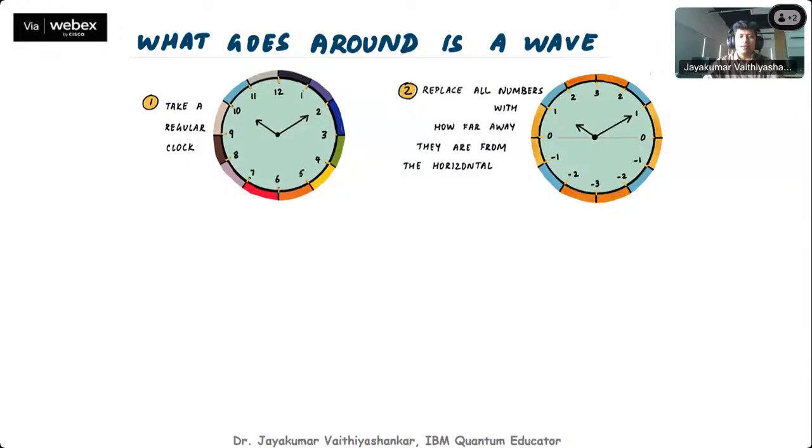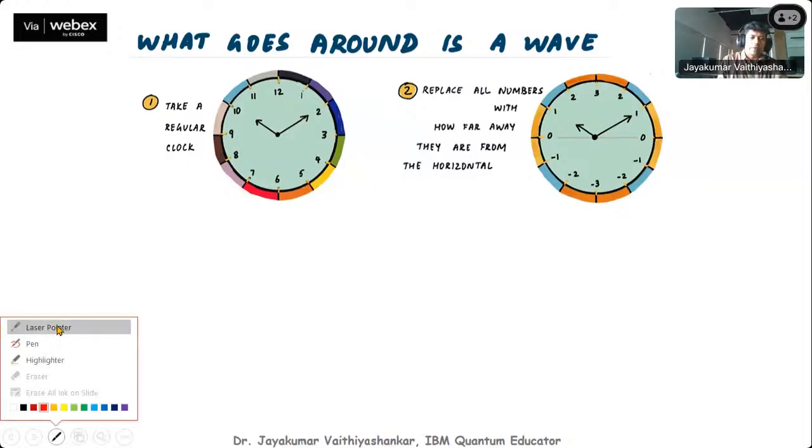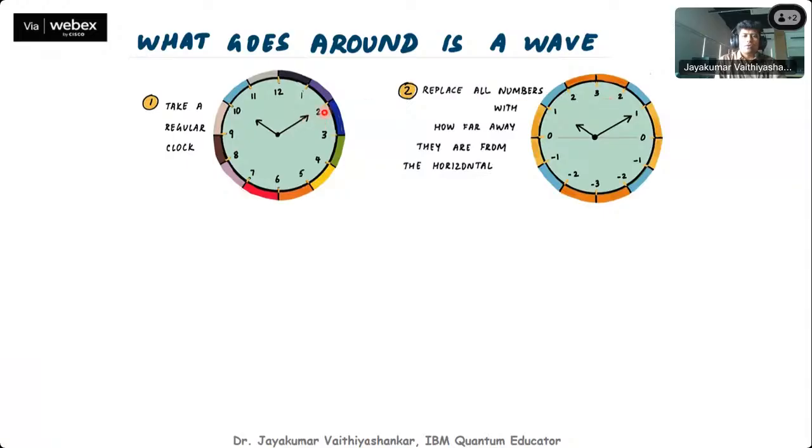This line will act like the x-axis. Look here. 2 o'clock is 1 unit away from 3, so you replace 2 with 1. And 1 o'clock is 2 units away from 3, so you replace 1 with 2. Based upon your x-axis, you mention how many units far away it is. Look at the downside: 4 is away from 3.